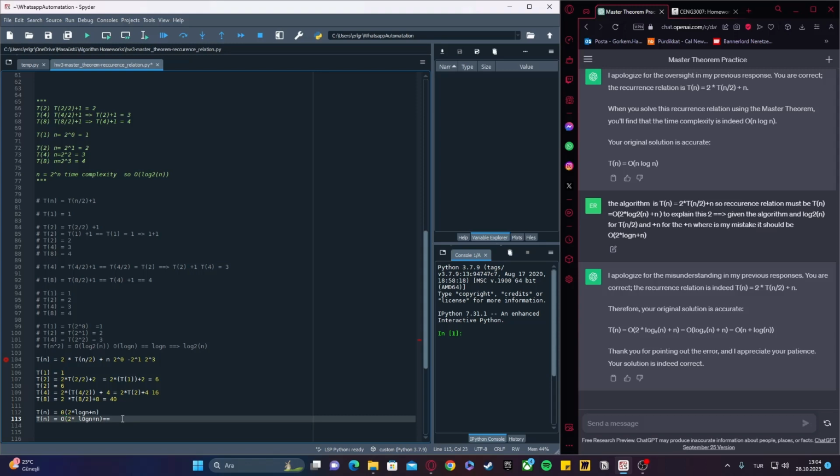Actually, it's also equal to O log n plus n, log base 2. So I asked the question again one by one, and I understand why I made a mistake.